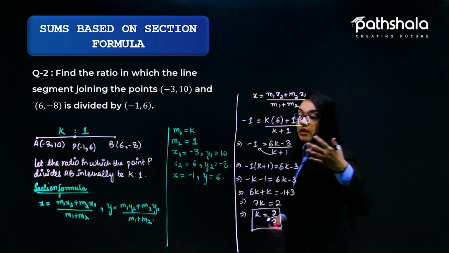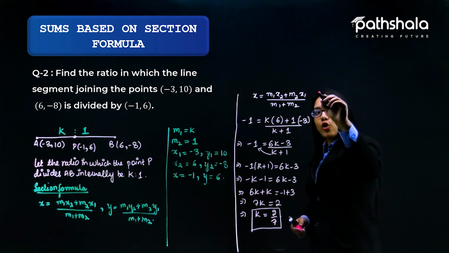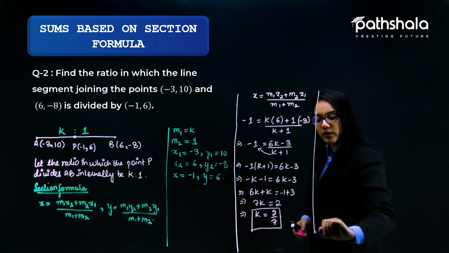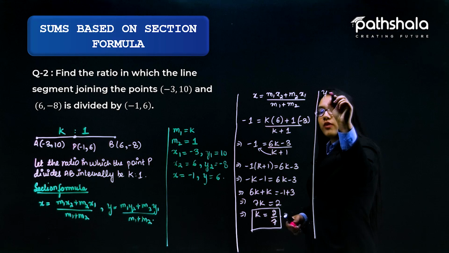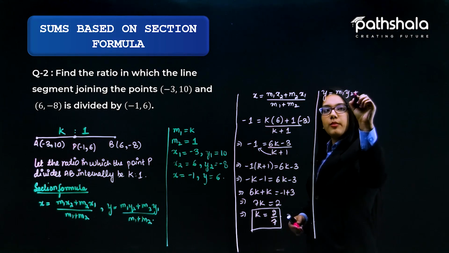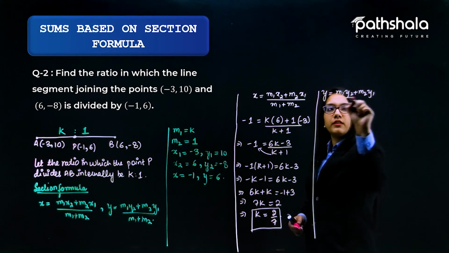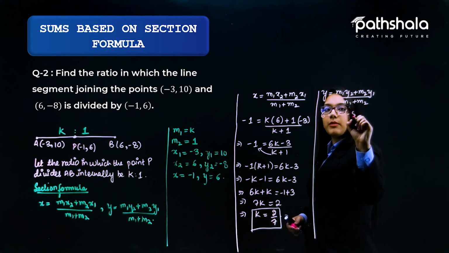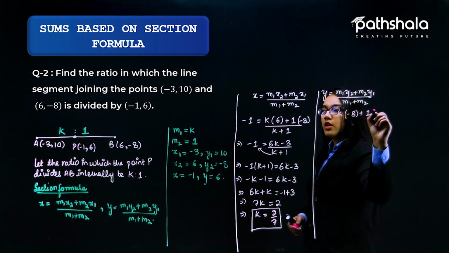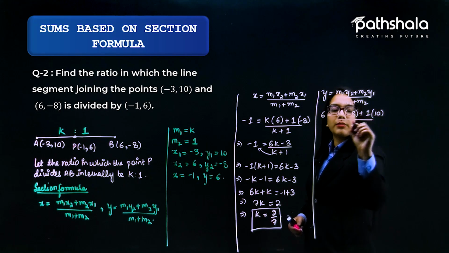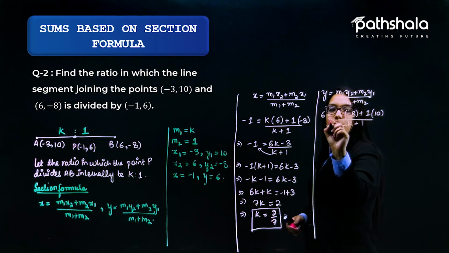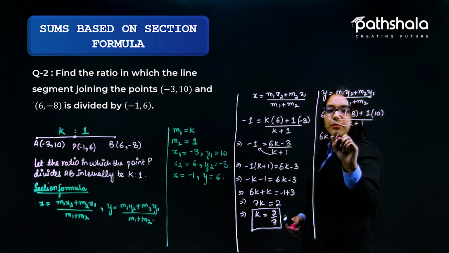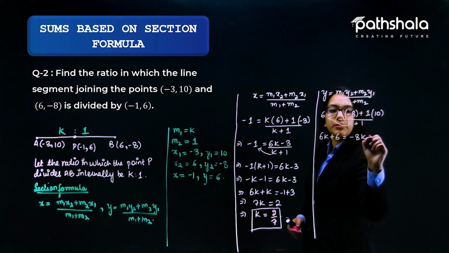So let's check the value of k from y as well. y is (m1y2 + m2y1) divided by (m1 + m2). Let's plug in the values: y is 6, which is equal to (k times -8 plus 1 times 10) divided by (k + 1). Taking k + 1 to the other side, this would be 6k + 6 is equal to -8k + 10.